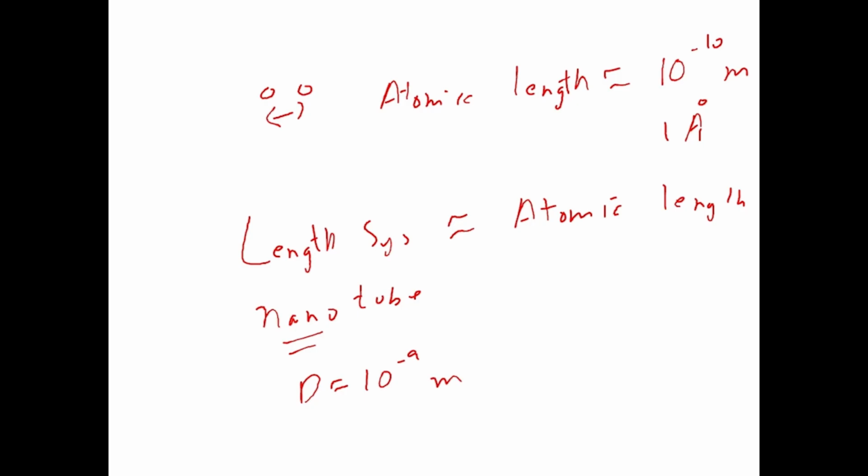So this is not much bigger than 10 to the power of minus 10 meters, my bad, I need to fix this. So the diameter of this nanotube is comparable to this, right?